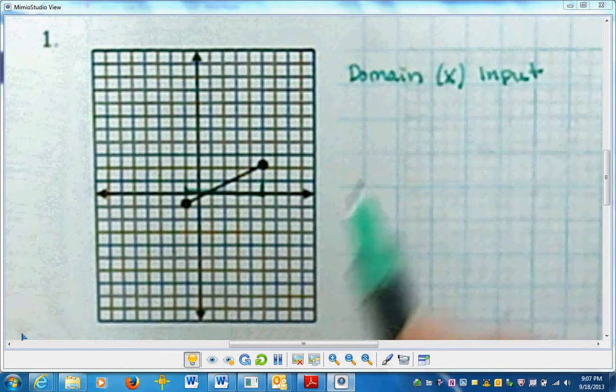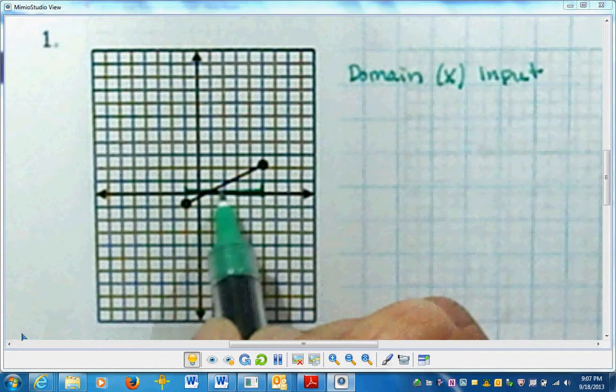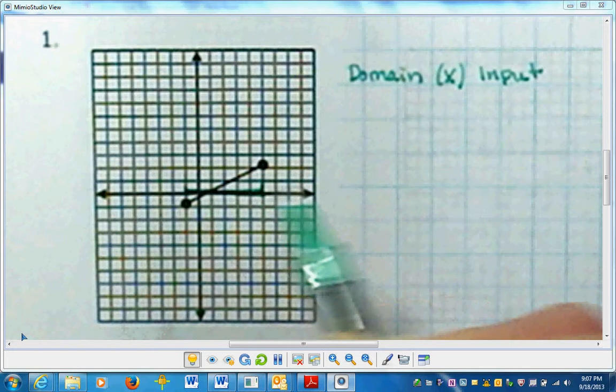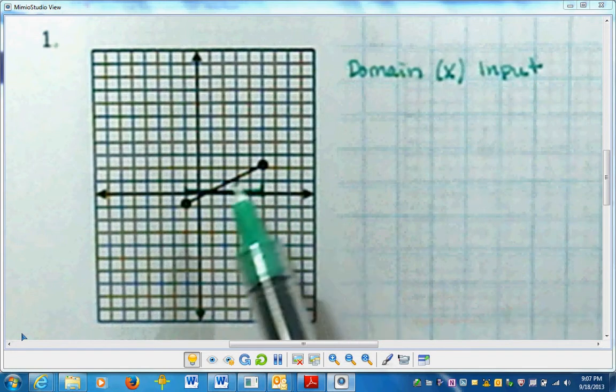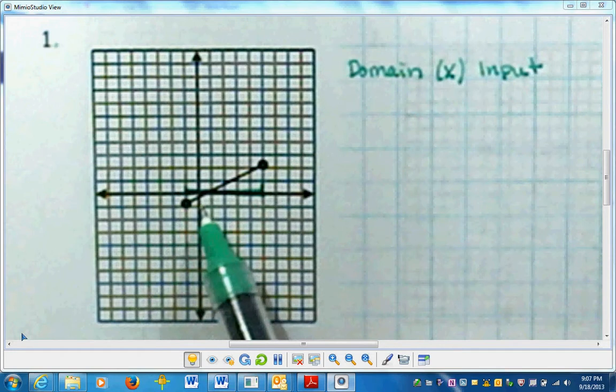So all along here I have x values that correspond to my function. So in other words, if I look at -1, I get an output right here of -1 for y.